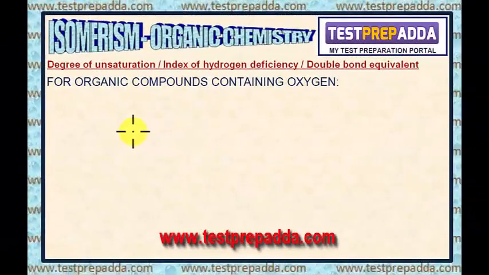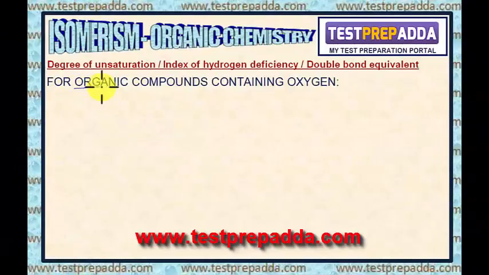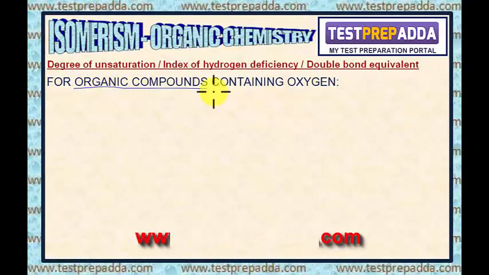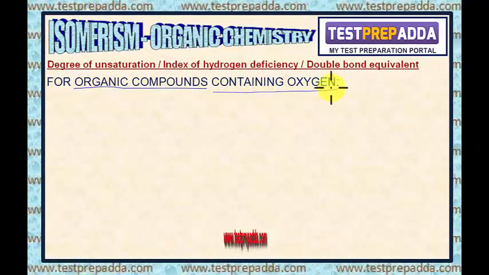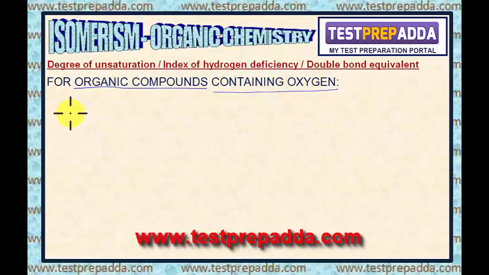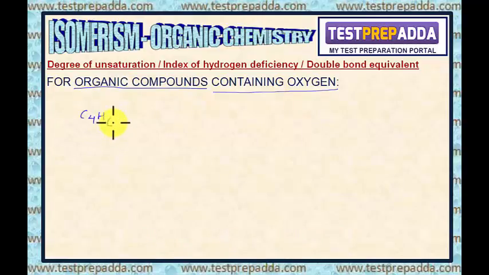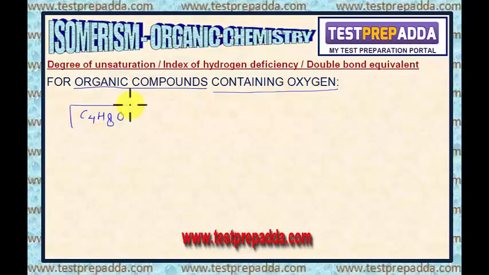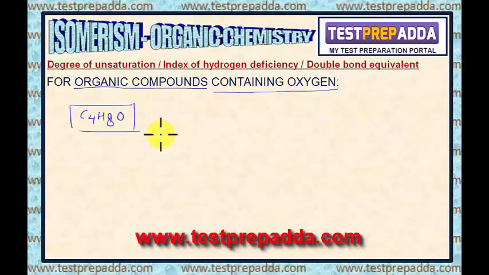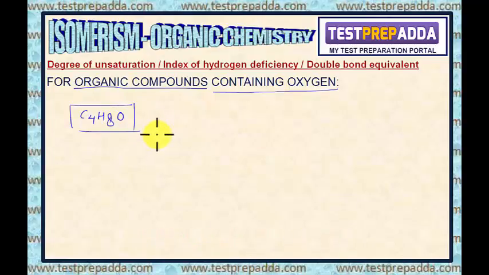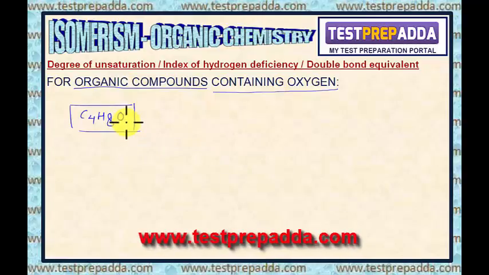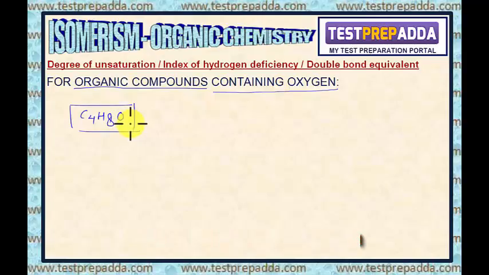Now I will talk about the degree of unsaturation for organic compounds containing oxygen. For example, if the compound is given as C4H8O, we have to find the degree of unsaturation for this compound. Dear students, please note that oxygen does not affect the degree of unsaturation.